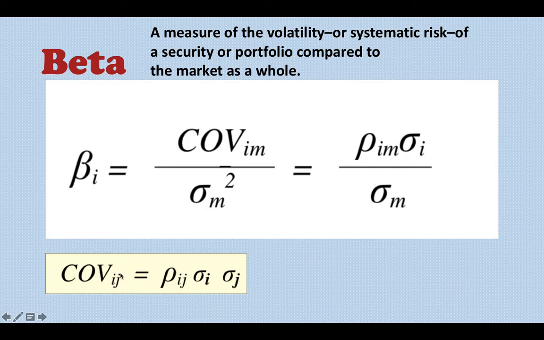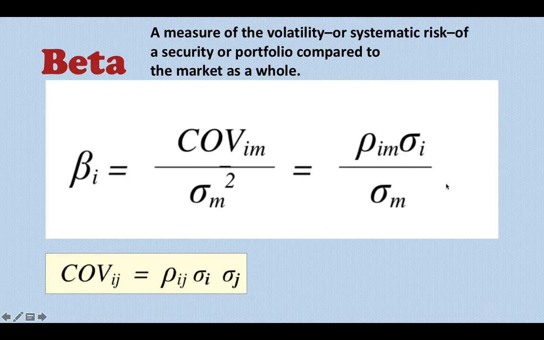Because the covariance of the individual stock and the market is equal to the correlation coefficient between the individual stock and the market, times the standard deviation of the individual stock, times the standard deviation of the market.